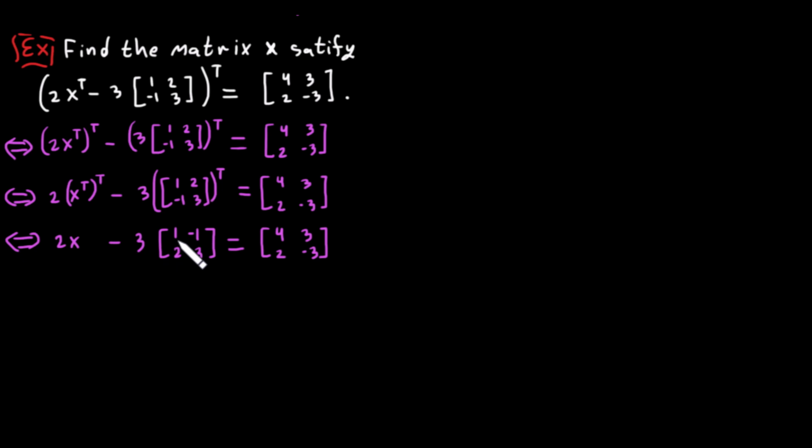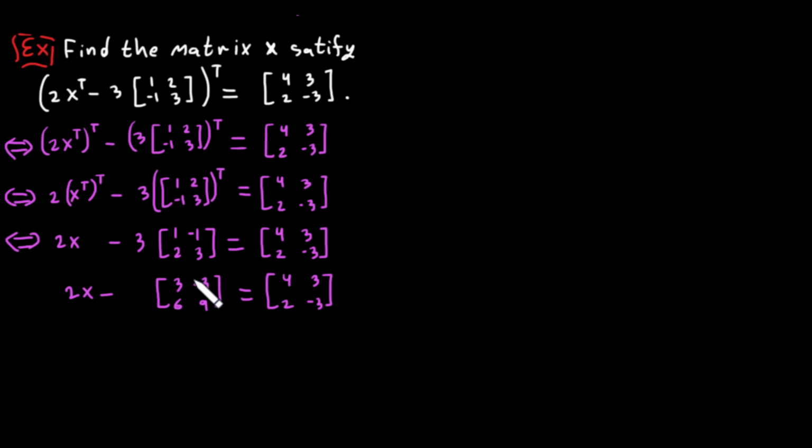Now I want to insert this 3 here. So 2X minus, it will become here 3 multiplied by 1, which is 3. 3 multiplied by negative 1, which is negative 3. 3 multiplied by 2, which is 6. 3 multiplied by 3, which is 9, equal 4, 3, 2, negative 3.